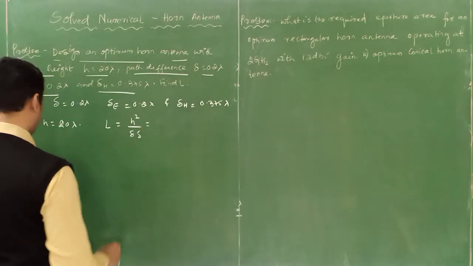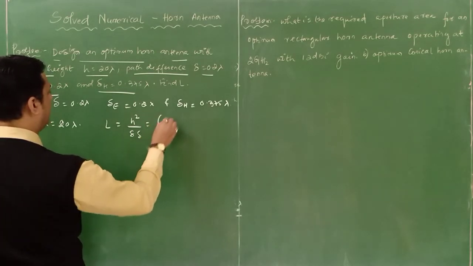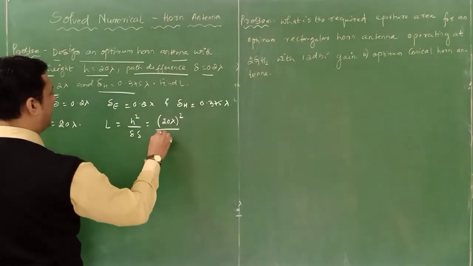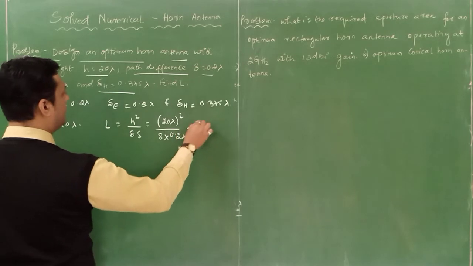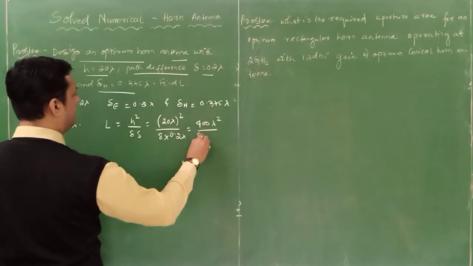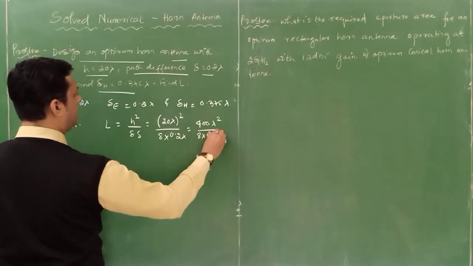So if I calculate this, h is equal to 20 lambda whole square, divided by 8 into del, that is 0.2 lambda. That is 400 lambda square divided by 8 into 0.2 lambda.